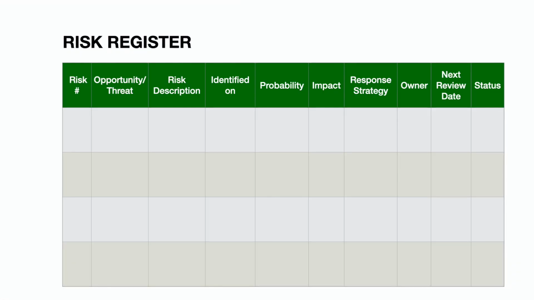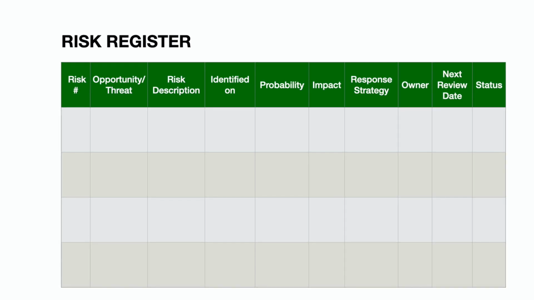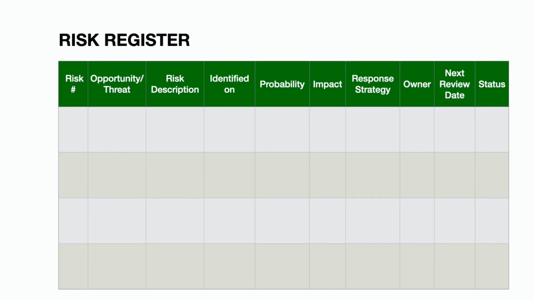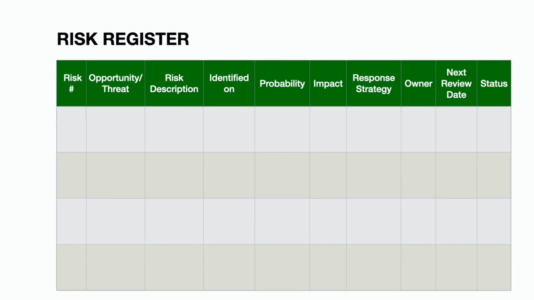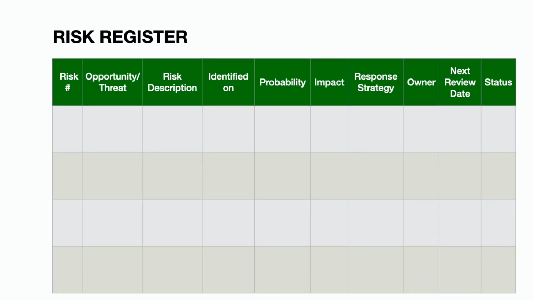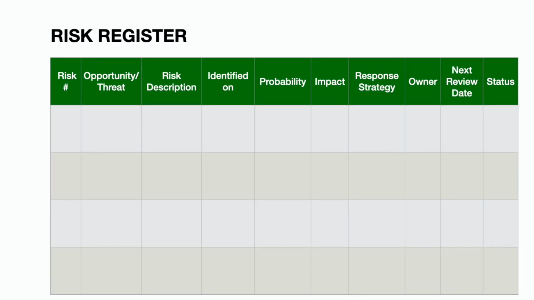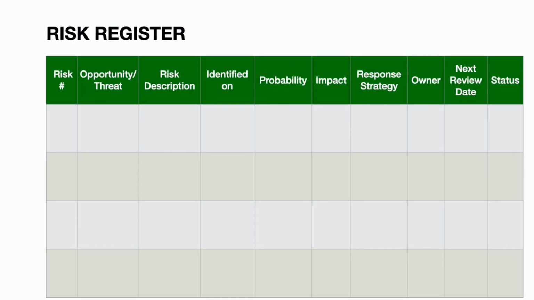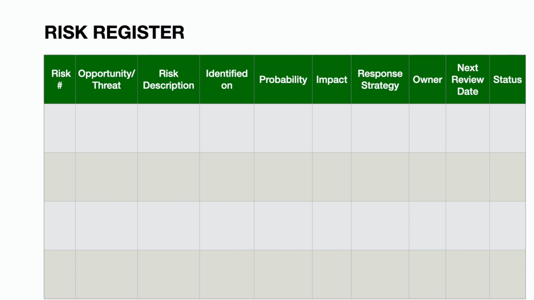Let us look at some of the other aspects associated with the risk. Risk register. A risk register is a structured document or tool used by organizations to identify, assess, and manage potential risks associated with a project, program, or business operations. It serves as a central repository for information related to risks and is an essential component of risk management.